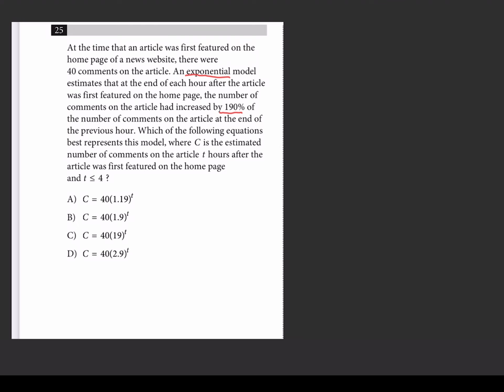So C is the estimated number, basically the ending amount, and T is the hours. So these are typical exponential models, and they should look very familiar, right? Because in our exponential models, our basic model is we have a final amount, so I'll put F for the subscript there, will equal an amount original, then some kind of growth rate or decay.